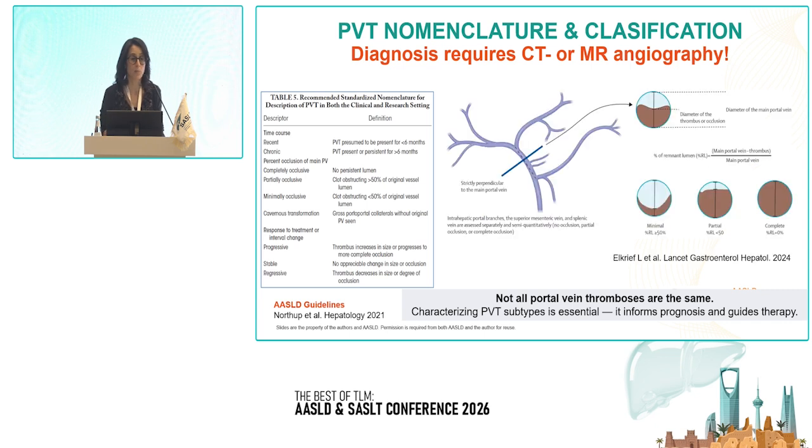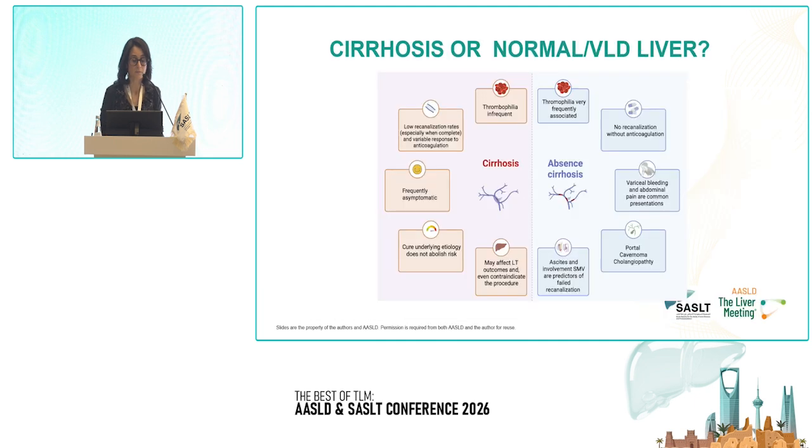And the most recent classification is this one that I'm bringing here from the Baldi group, that is really assessing and explaining where to measure and how to measure the occlusion of this portal vein thrombosis. And this is very important, as I told you before, to assess treatment response, because here is where we need more research and more information on how to treat and how to evaluate treatment response.